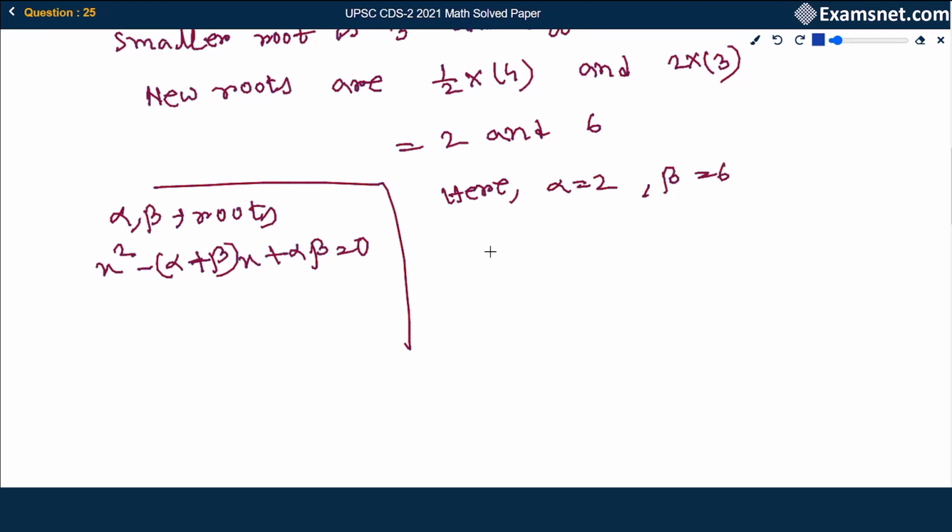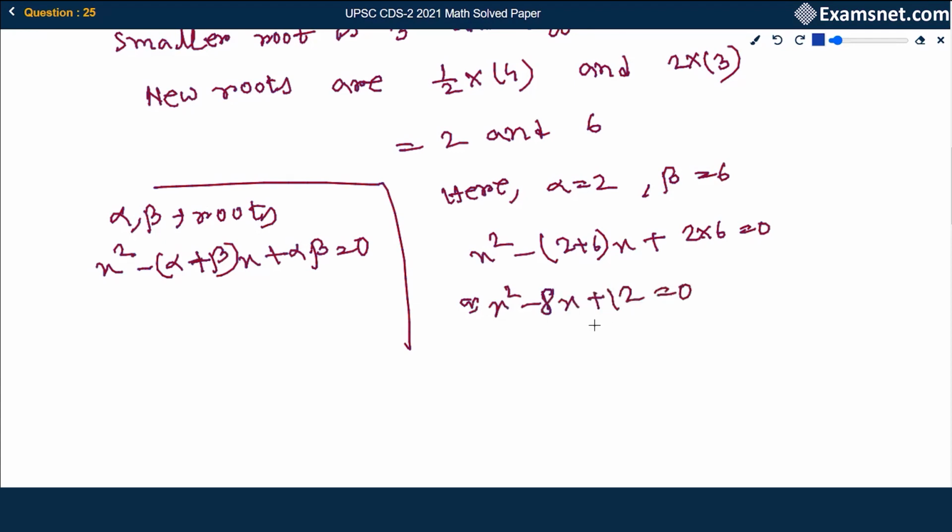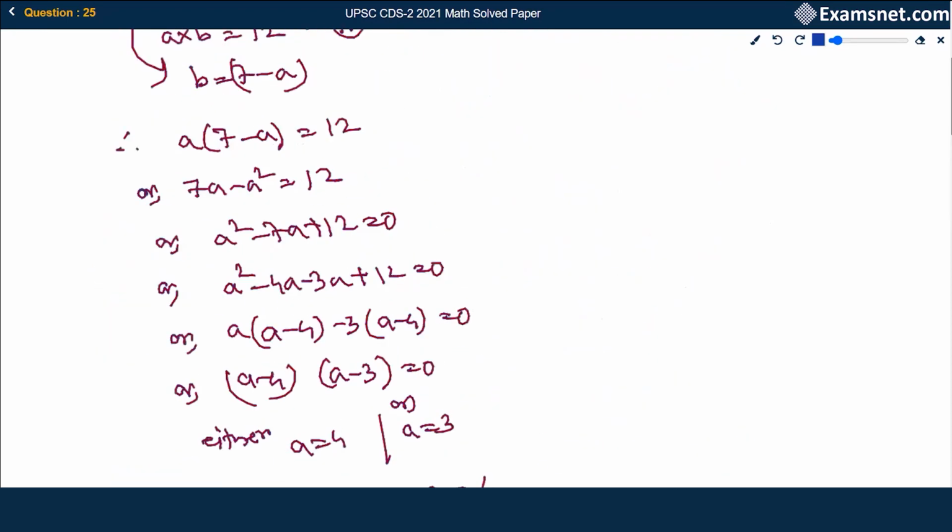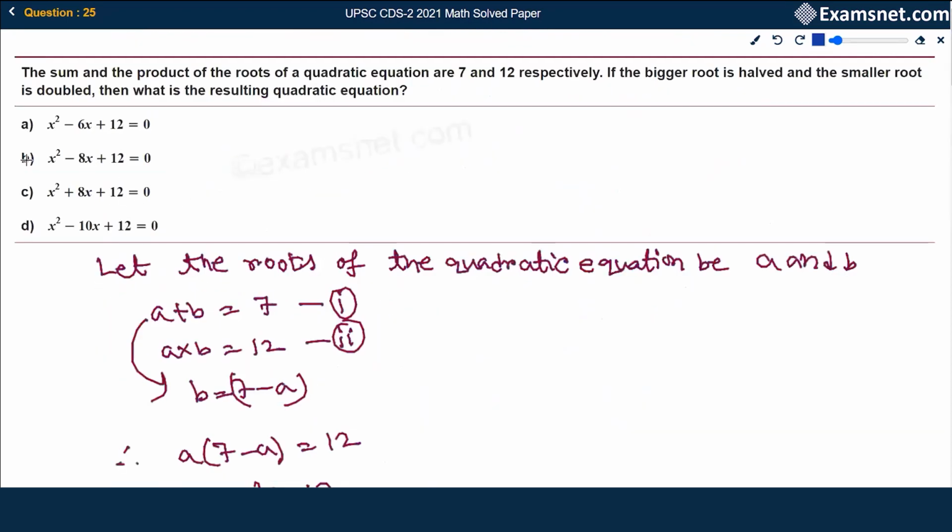We will use this formula: x square minus (2 plus 6) x plus 2 multiplied by 6 equals 0. x square minus 8x plus 12 equals 0. So this is the quadratic equation. Option B is the correct answer. This is the required quadratic equation.